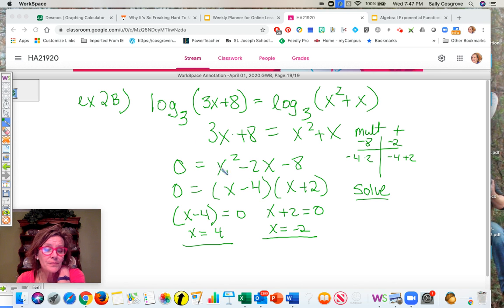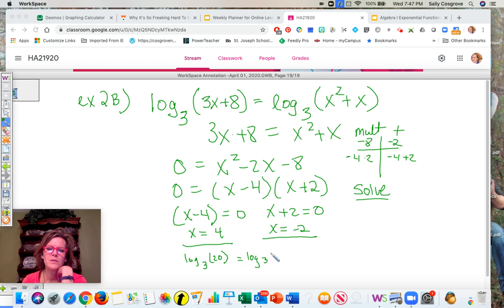So let's plug it back in. If I plug 4 into the argument up here, 3 times 4 is 12, plus 8 is 20. So I get log base 3 of 20 on this side. And if I plug it in here, 4 squared is 16, plus x is 20.